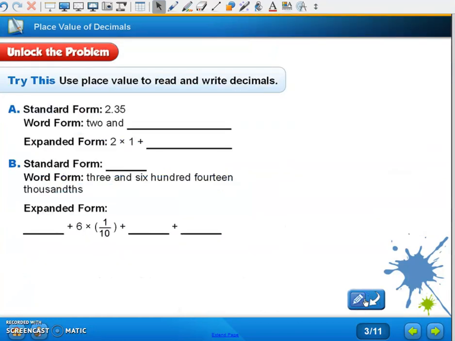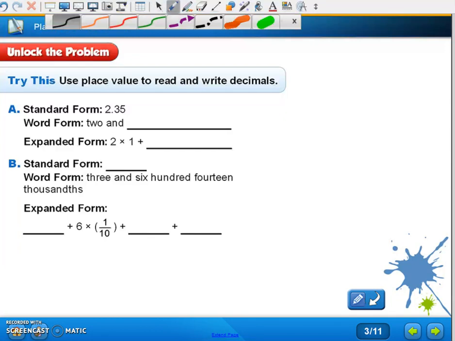Okay, this is at the bottom of the page where it's in a little box and it says A and B. So let's try this. Use place value to read and write decimals in word form. What are we going to always put where the decimal point is? What word? And. Very good.